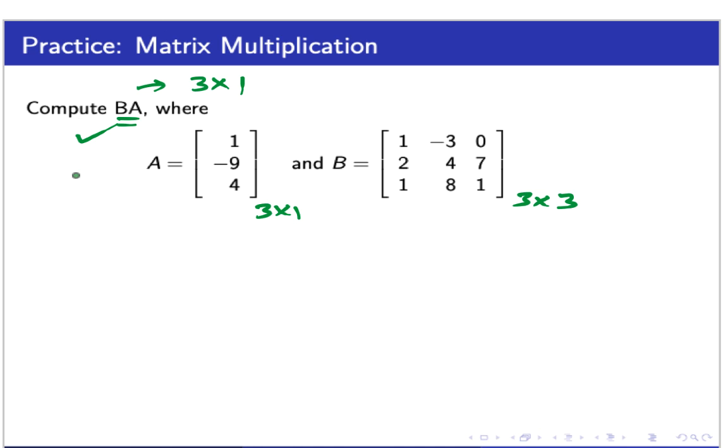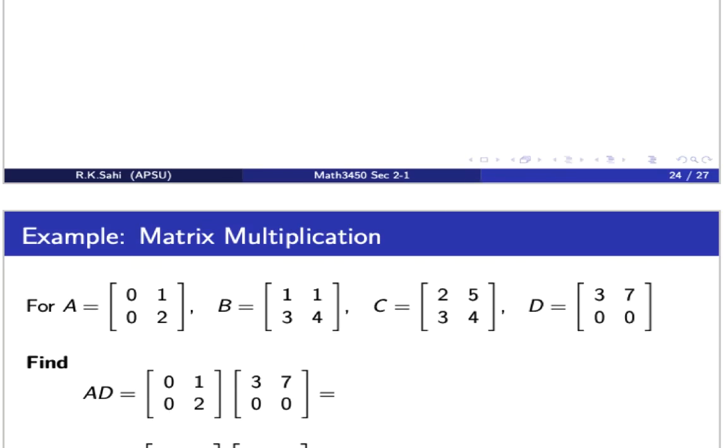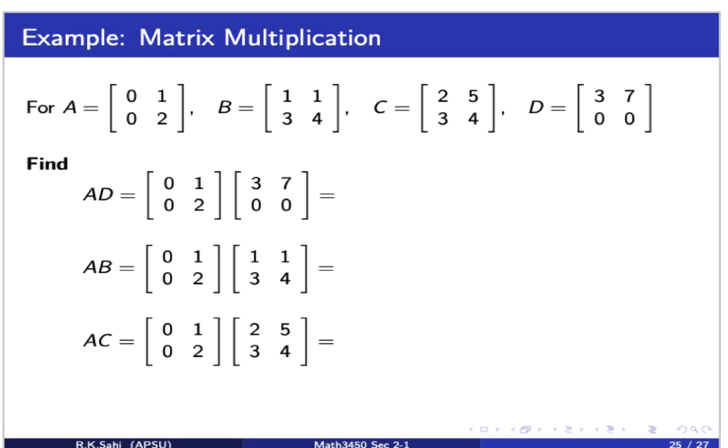Now let's look at some specific properties of matrix multiplication. We have 4 matrices A, B, C, and D. We're going to multiply A with D, A with B, and A with C. So when you multiply A with D, what you get is 0, 0, 0, 0.